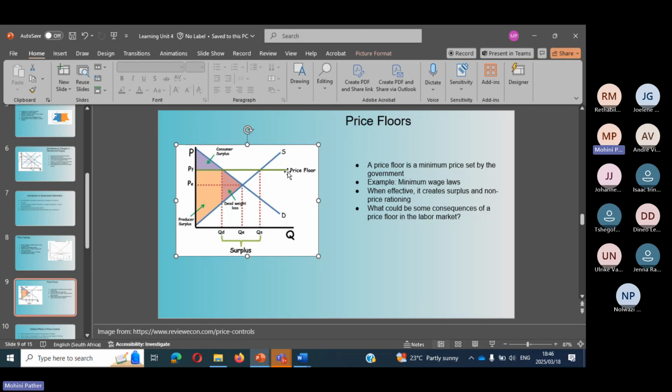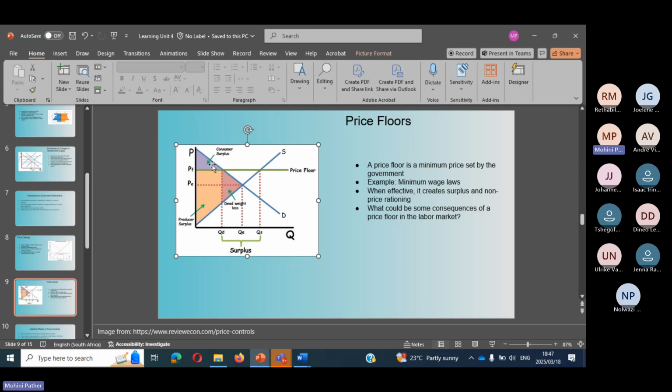Most producers say, well, it's not really worth it to hire that many people. I'd rather take a lower number. So I'm only going to demand a QD, and I will accept your price floor of PF. So that's the number of people currently employed in our country. You can see they're employed at a higher than minimum range.